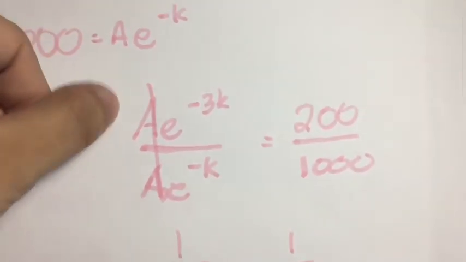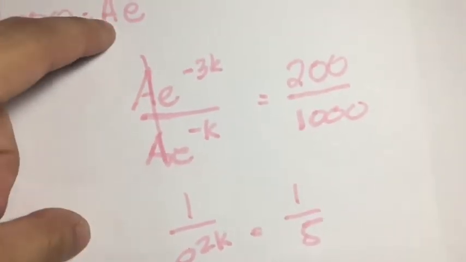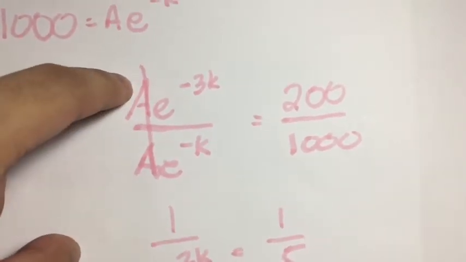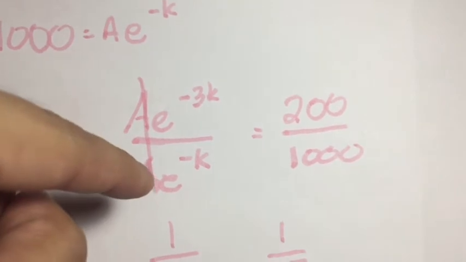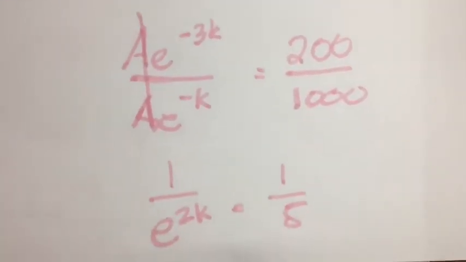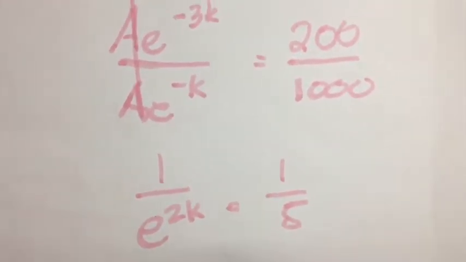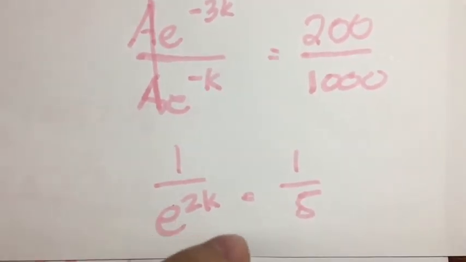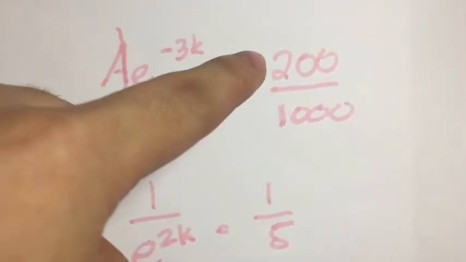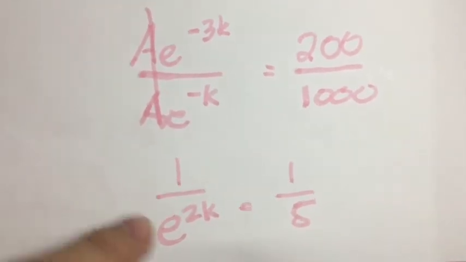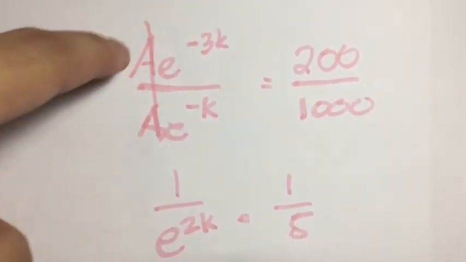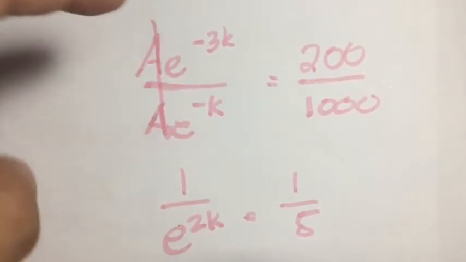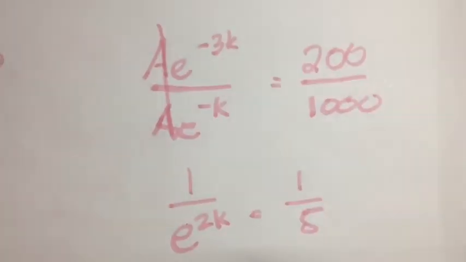So we could cancel A, and you're going to be left with e^(-3k) over e^(-k). So now you're going to have 1 over e^(2k) equals 1/5, because 200 over 1000 is 1/5, and this became a positive 2k because a negative exponent over the denominator becomes positive.